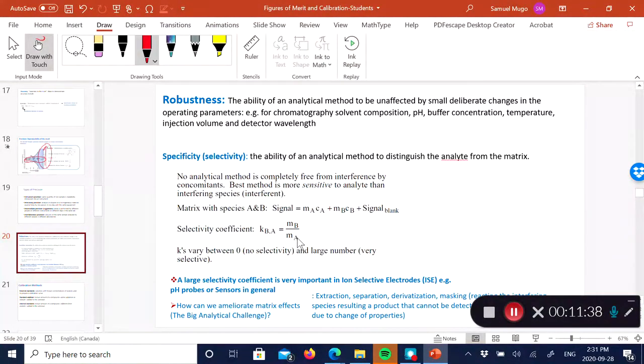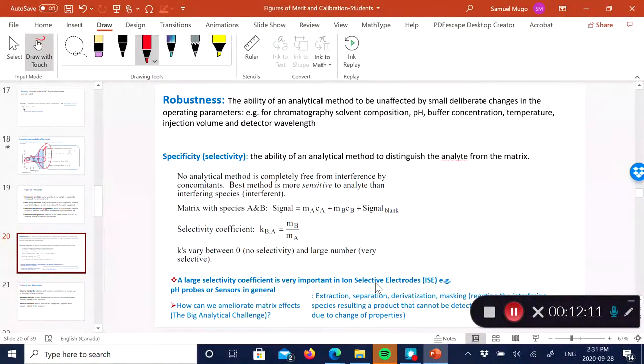Okay. Now take note of this. When you're dealing with sensors, this is where you really need to determine this particular figure of merit, selectivity. For example, the pH electrode, which is an ion selective electrode, you want it to be very specific to the hydronium ion, and completely blind to the other types of ions. Of course, in real life, that doesn't happen.